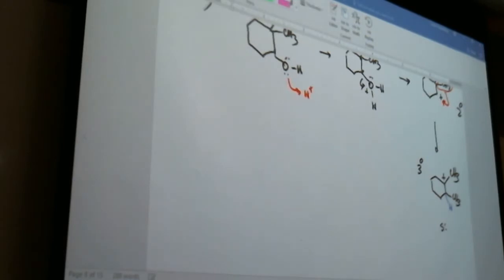This hydrogen is so incredibly acidic, alpha to a carbocation, anything will take it out. So I just write a generic solvent that comes, abstracts this hydrogen, puts it here, and that gives you this elimination.